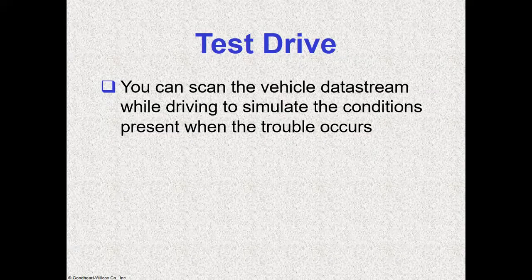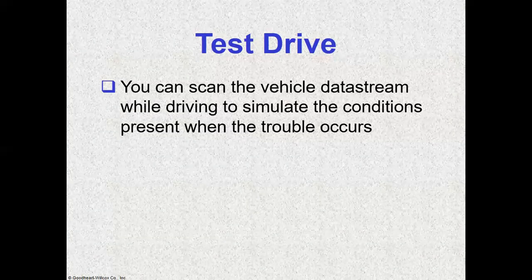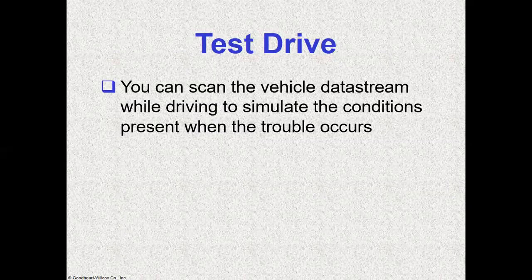You can use your live data to see when it reaches the temperature at which the code came up, right? So you actually duplicate the problem. Once you duplicate that condition and you don't see the code come back, you can say, bingo, the problem is fixed. So simulating the condition is actually good as well.